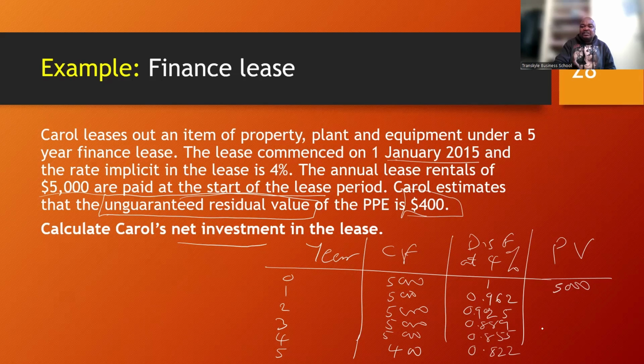Then 5,000 multiplied by 0.962, this comes to 4810. Then 5,000 multiplied by 0.925, this comes to 4625. Then 5,000 multiplied by 0.889, this comes to 4445.